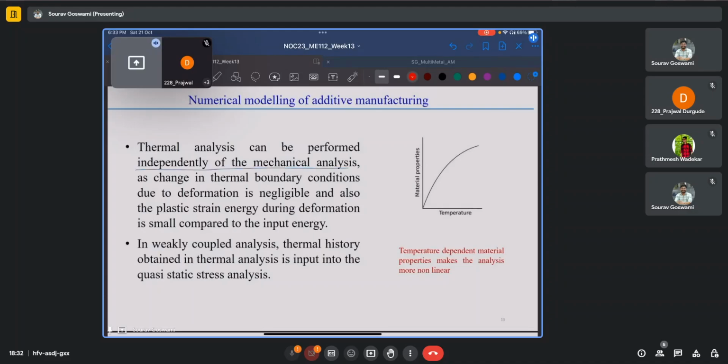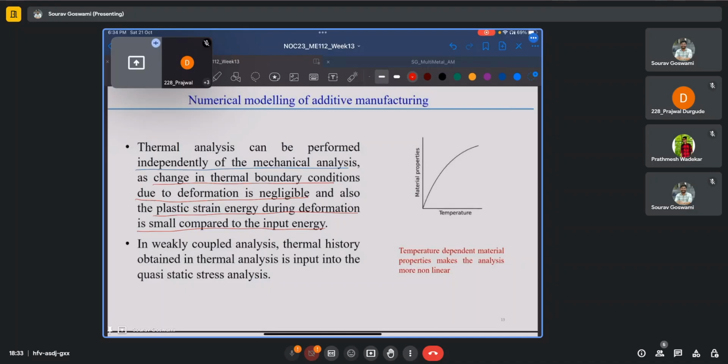And the reasoning for this is because the change in the thermal boundary conditions, because of the deformation, is negligible and does not appreciably affect the results. And again, the second reason can be that the plastic strain energy during deformation is significantly small compared to the input energy itself. So by neglecting or ignoring this energy, our final results will not be very erroneous or much further from the mark.